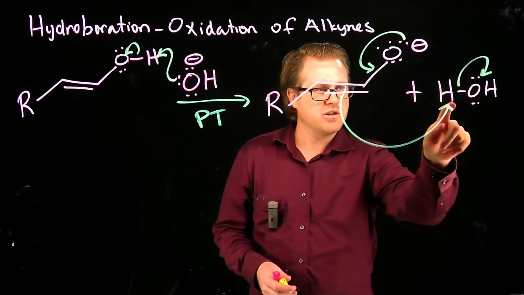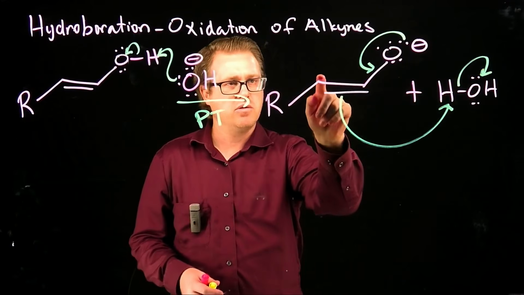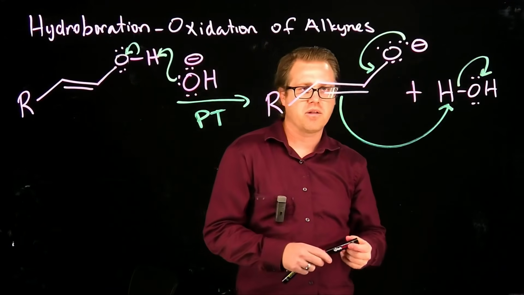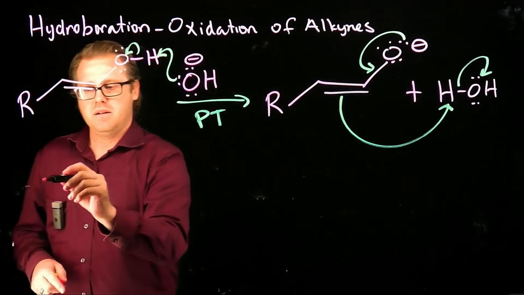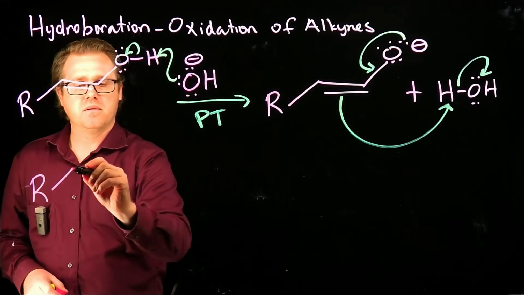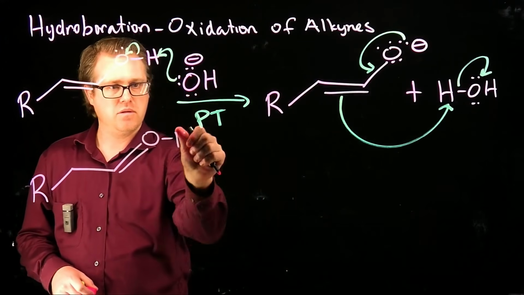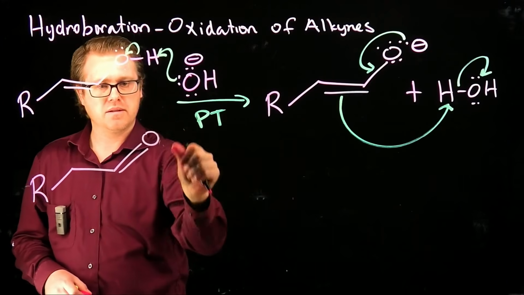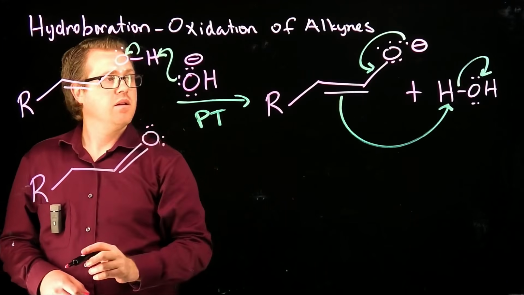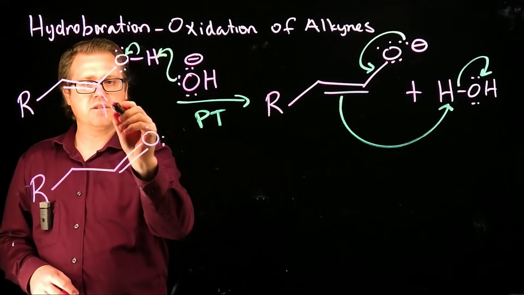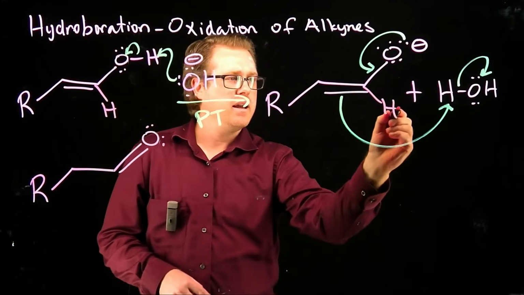Now, where's the hydrogen going to go? Well, it's going to go to the carbon that's attached to the R group. So we have a double bond like this, and we still have that hydrogen there. We can draw that in if we'd like.